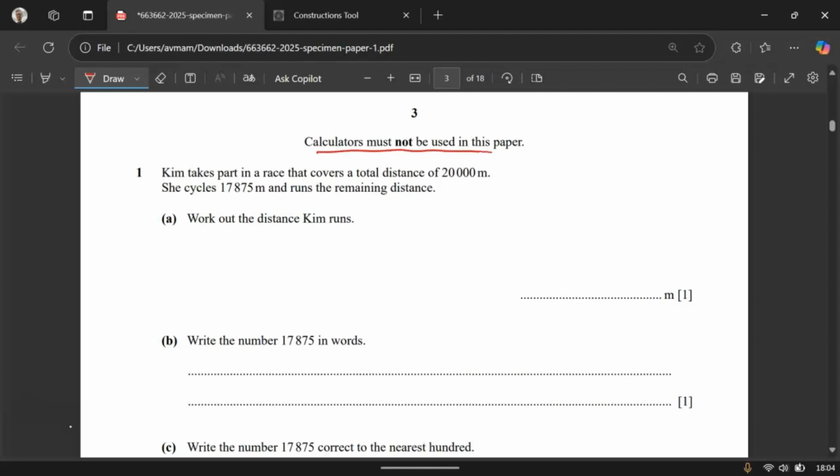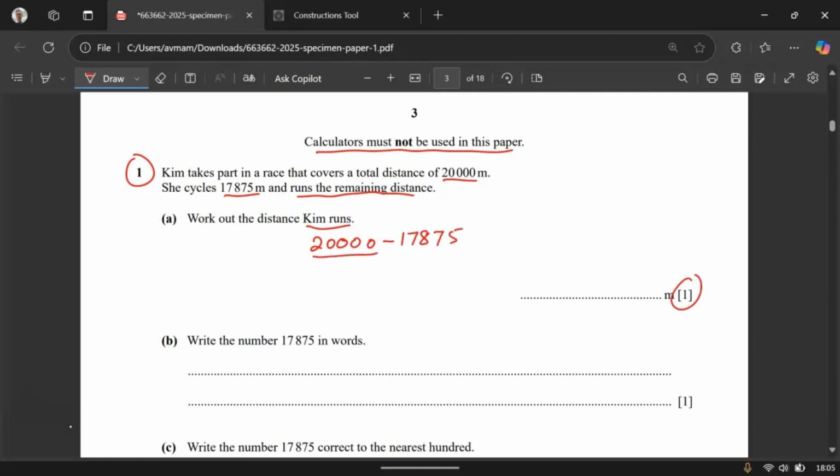Remember, it is a non-calculator paper. Question number 1. Kim takes part in a race that covers a total distance of 20,000 meters. She cycles 17,875 meters and runs the remaining distance. Work out the distance Kim runs. So you need to subtract 20,000 minus 17,875.